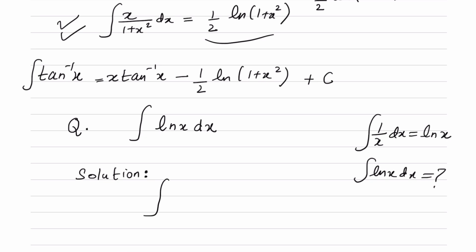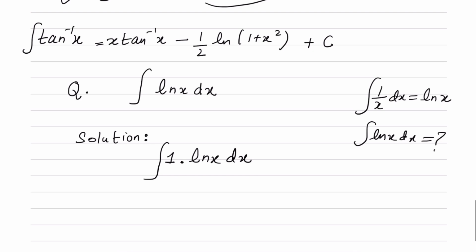So just like in the previous question, we are going to put 1 multiplied by ln x dx. Remember our suggestion for deciding the first function and the second function: whenever there is ln x involved, it's always going to be called the first function and the other one will be the second function. So here we are calling ln x the first function and 1 the second function.